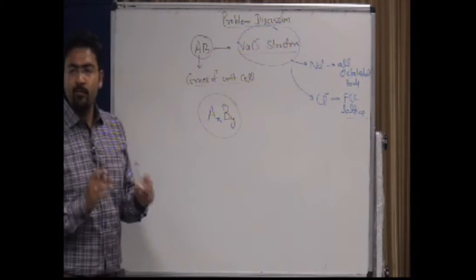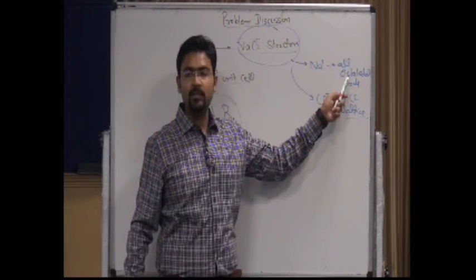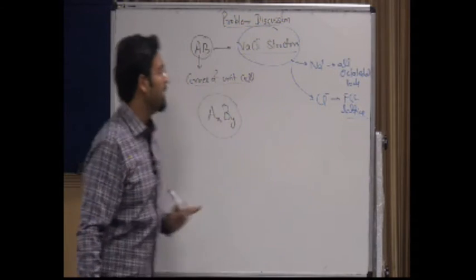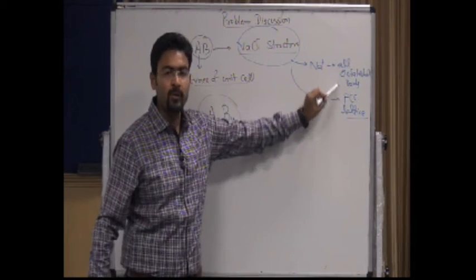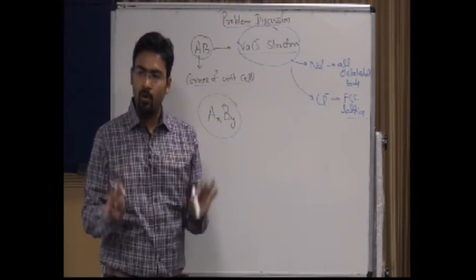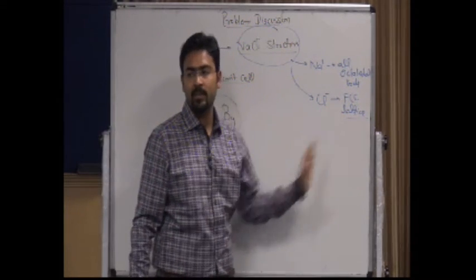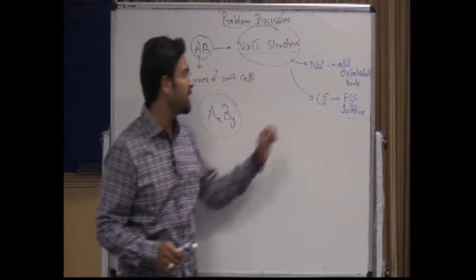So the chloride ions are forming the face-centered cubic lattice, and in that lattice, all octahedral voids are filled by sodium ions, right? Now, just a quick review of the two cases: what is the position of particles in an FCC lattice? At the corners and the center of each face, right?